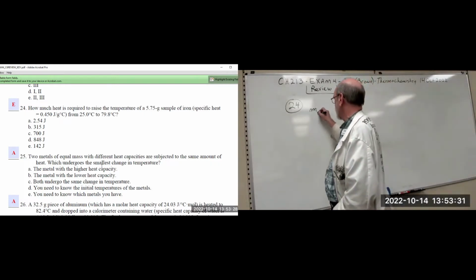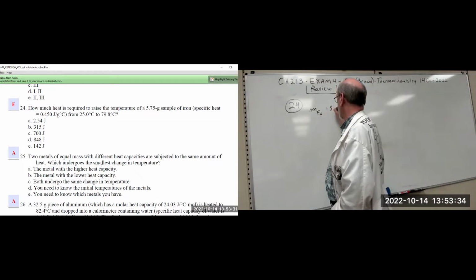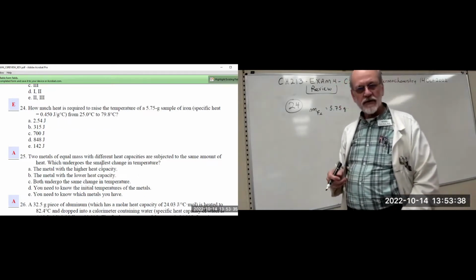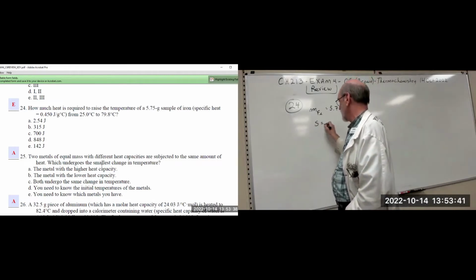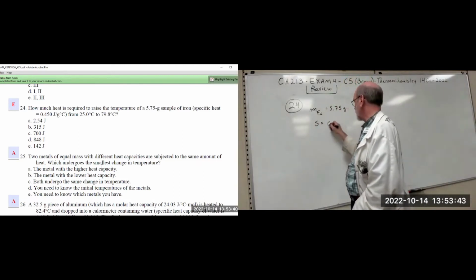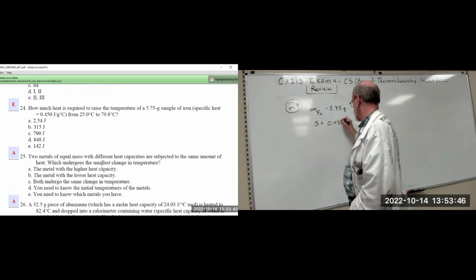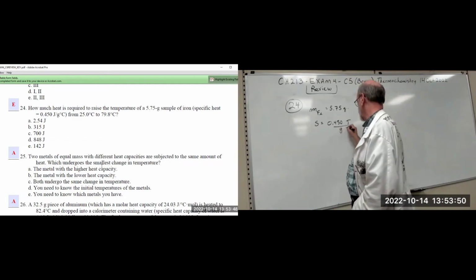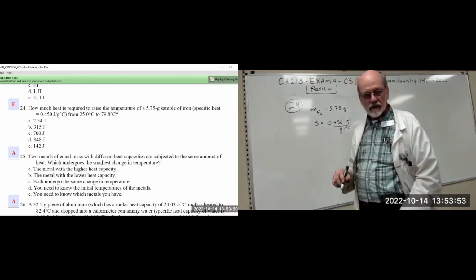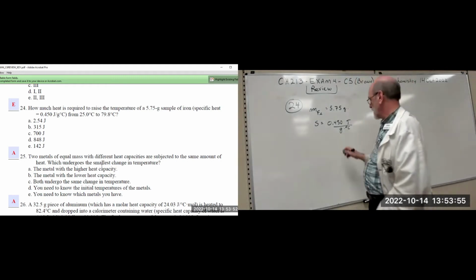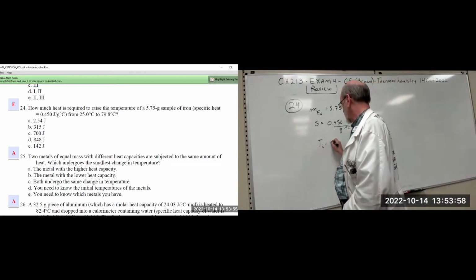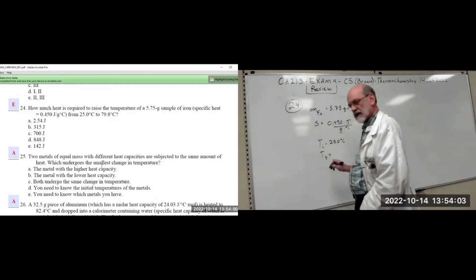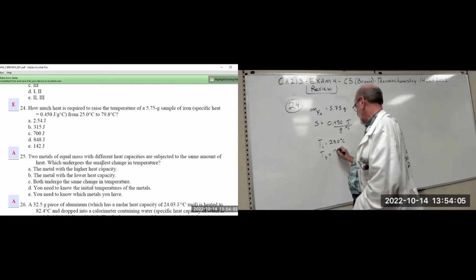So the mass of iron is 5.75 grams with a specific heat of 0.45 joules per gram degree C, from an initial temperature of 25 degrees C. The final temperature is 79.8.